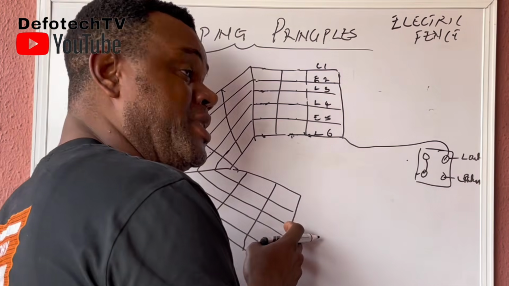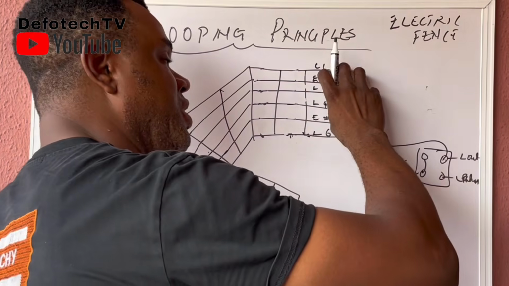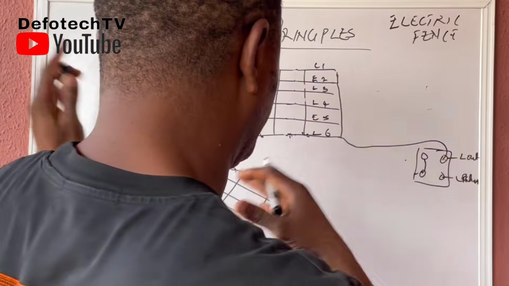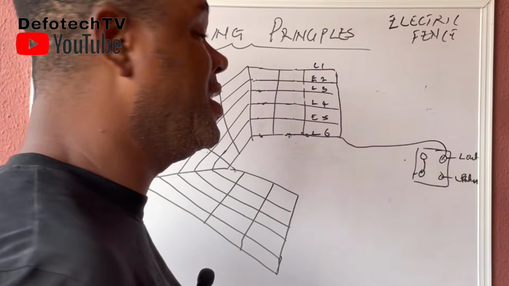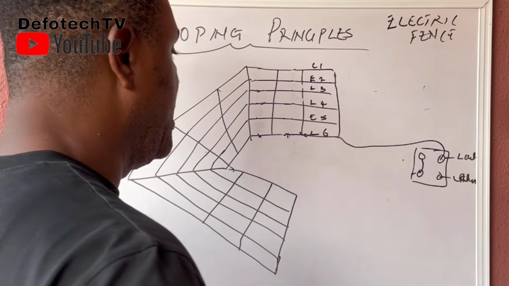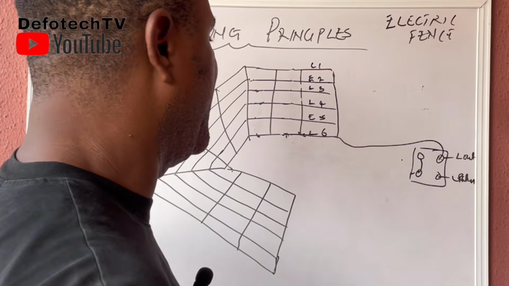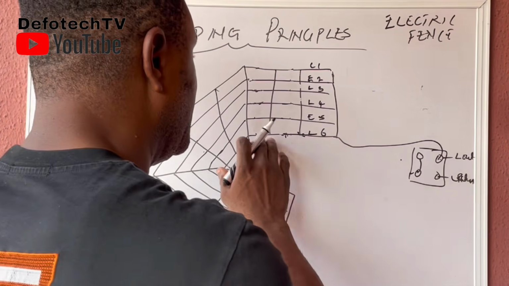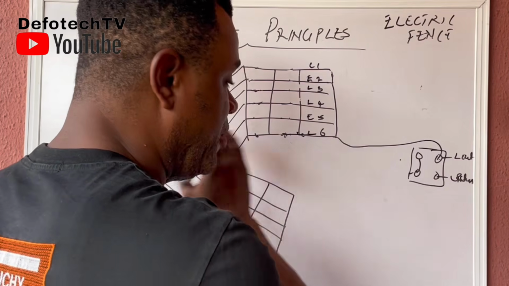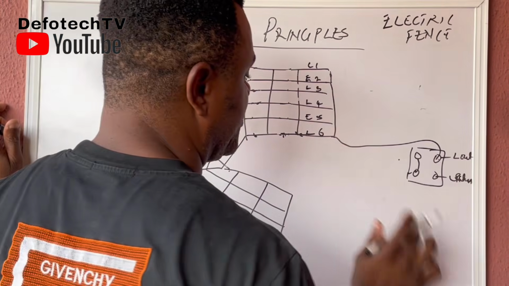Your looping should either be here or here, and any cable coming from the energizer should hit from any of the ends of the fence. Easier for you as a beginner. But if you become a veteran, maybe intermediate, someone who has moved up that ladder, then you can start from anywhere, breaking it with a spring. But for beginners, I'll make it simpler, starting from here.